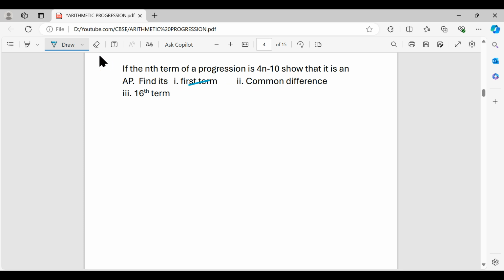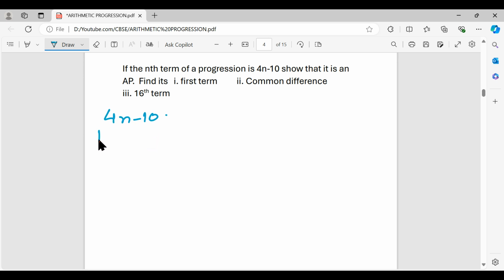So how to show that this is in AP? We know that to prove something is in AP, they should have the same common difference. Now we will try to figure out the terms in this AP when the nth term is 4n minus 10. So how do we do that?